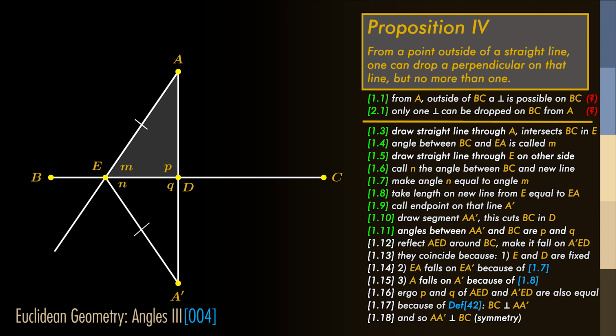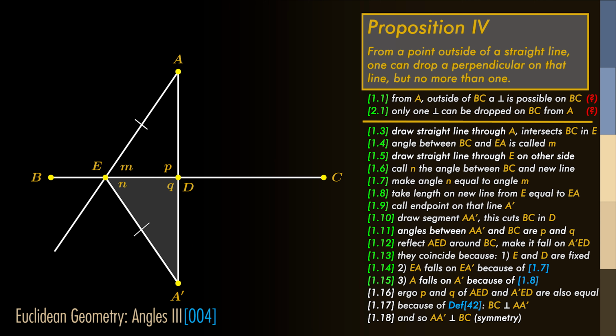Let's now reflect the figure AED around ED until the figure coincides with A prime ED. The figure will coincide because 1. E and D are fixed points. 2. EA lines up with EA prime because angle M is equal to angle N. And 3.